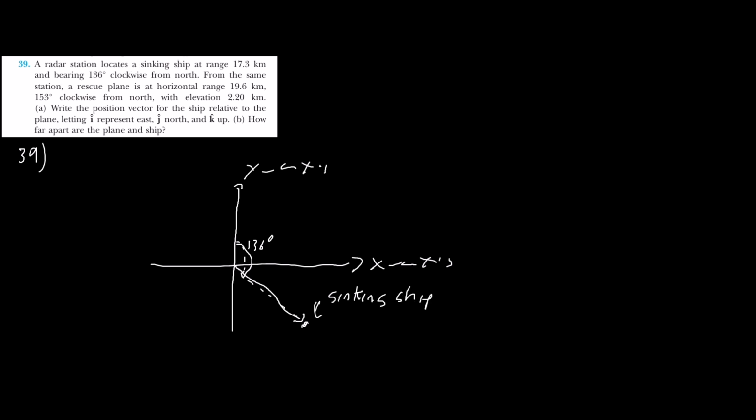So from the same station, a rescue plane is at a horizontal range of 19.6 kilometers, 153 degrees clockwise from the north. Okay, they both said clockwise. In the traditional angle, we usually orient going counterclockwise, but I'm going to put this as going clockwise.